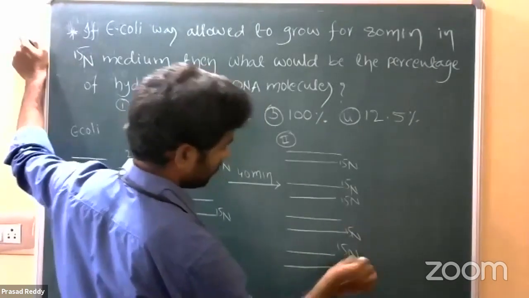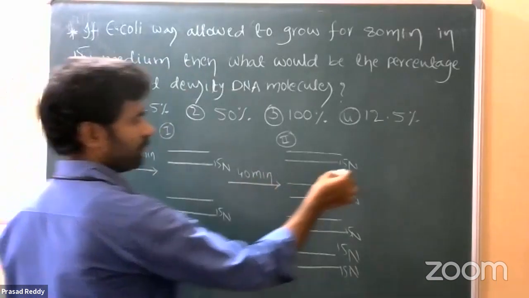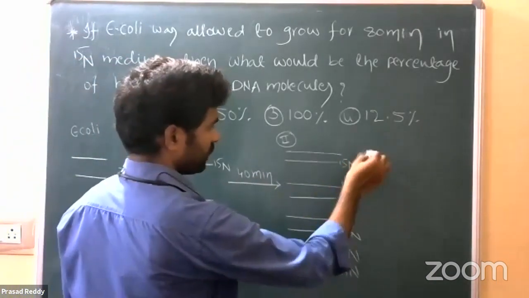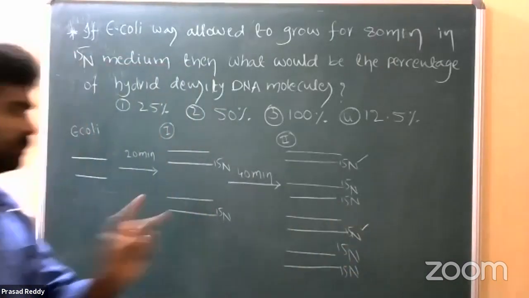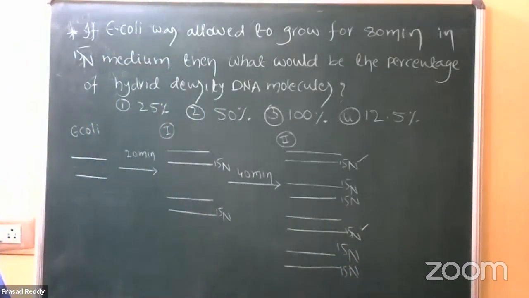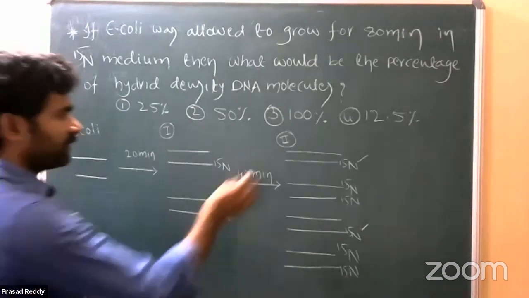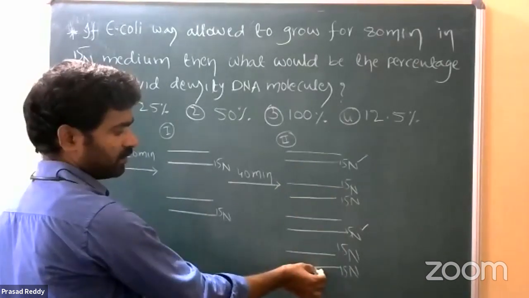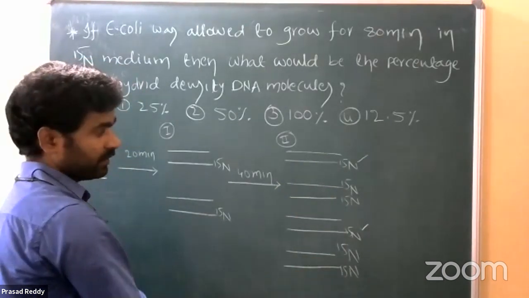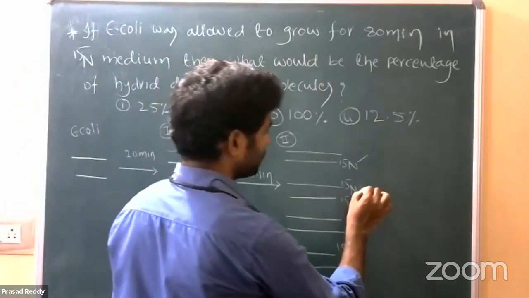It means how many hybrid DNA molecules here? 1 and 2. Hybrid DNA molecules are 2. That hybrid DNA molecule number is constant in every generation. So in the second generation the hybrid DNA molecule number is 2 and the remaining 2 are heavy.